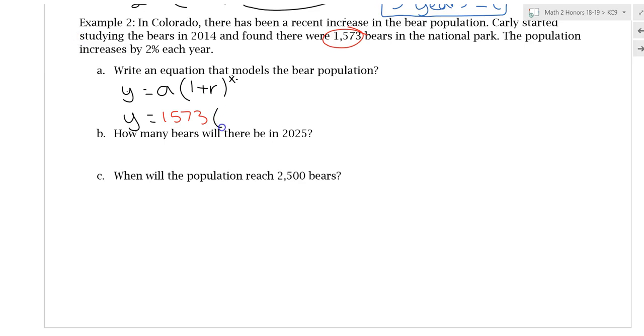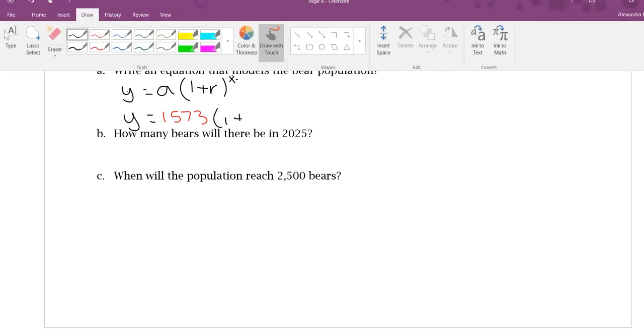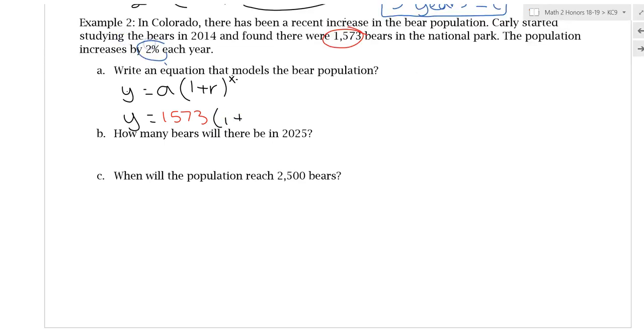And then times 1 plus, they're increasing by 2% each year. Again, there's a decimal here, we move it twice, that gives us 0.02. Just writing this out nicer, y equals 1,573 times 1.02 to the x.